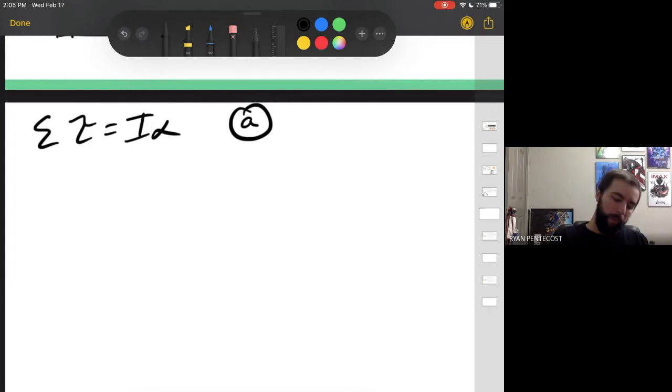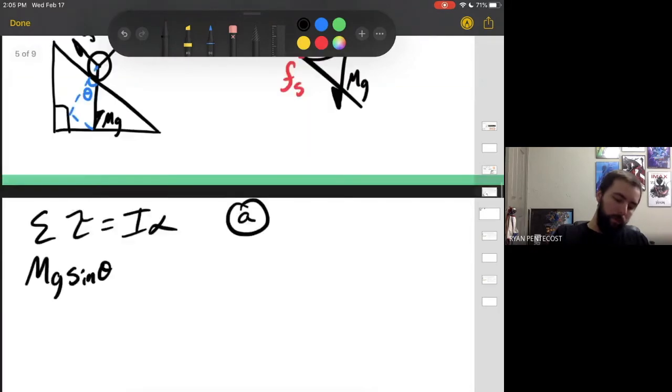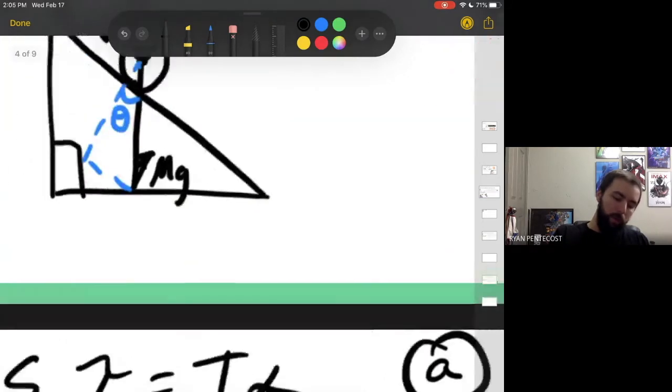So if our torque, our force is mg sine theta. If we look over here, the part that's actually contributing is this guy right here. So that is mg sine theta.